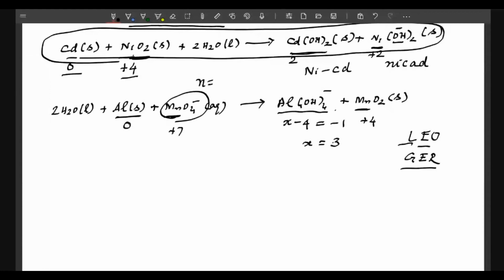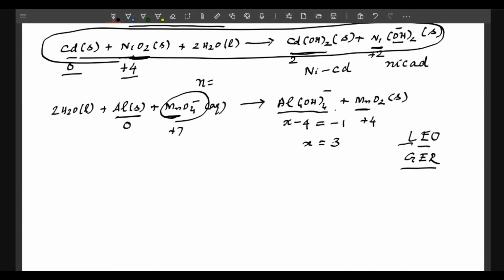If you work out the exercises repeatedly, definitely you will be well versed in electrochemistry. Looking at the equation itself, you are able to guess the total number of electrons involved in the process. Therefore, with this, we will go to the next step, balancing a given electrochemical reaction.